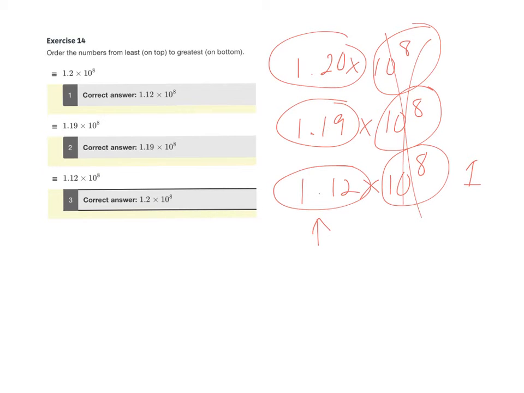The next larger one is going to be $1.19. That's going to be second place. And then $1.20 is going to be our third place. So from smallest to largest, we would have 1.12 times 10 to the 8th, then 1.19 times 10 to the 8th, and finally 1.2 times 10 to the 8th.